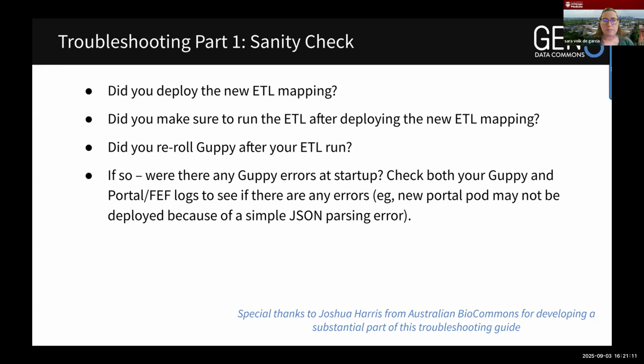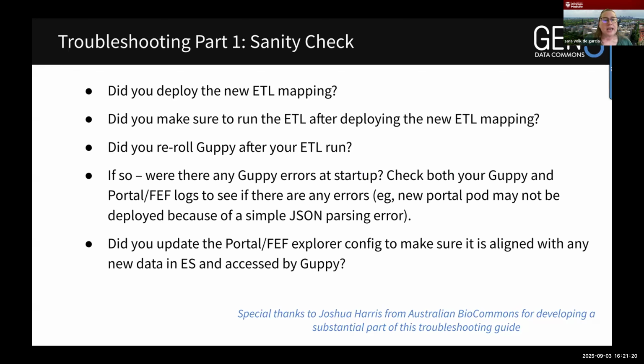So for example, an error might be that you're just not getting a new portal pod because of some JSON error. Maybe you messed up the indents. Did you update your portal or front-end framework Explorer config to make sure that it is aligned with whatever changes that you made to your ETL?